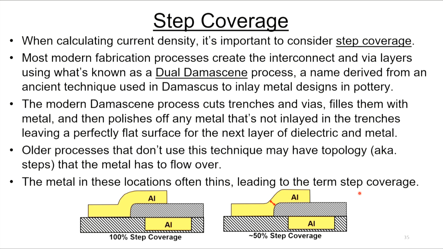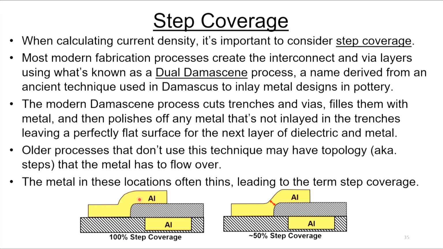Now, older processes, like we have some locally, don't use this Damascene technique. So you might get topology, meaning steps on the wafer, and then the metal has to flow over those steps. And the metal in these locations often thins down, and this leads to the term step coverage. I've just drawn 2 examples of what step coverage could look like.